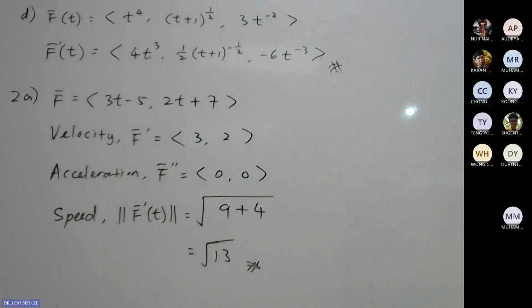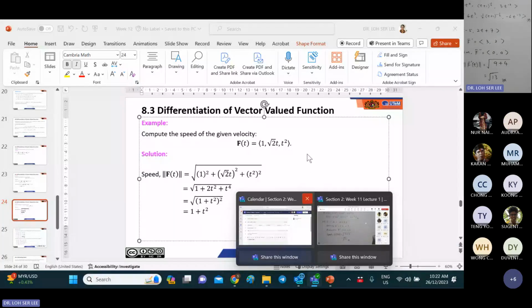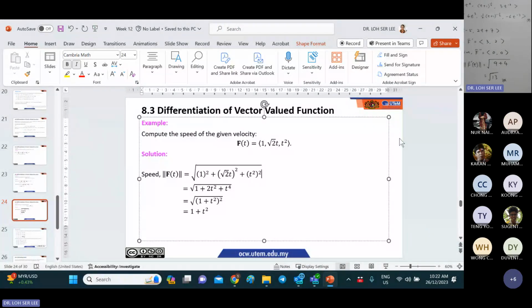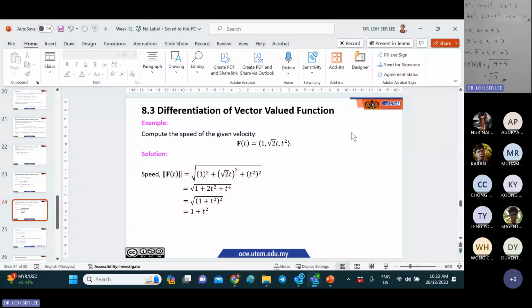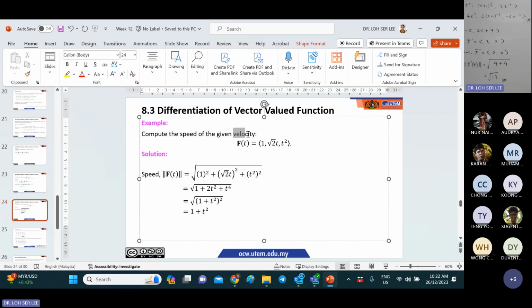So I repeat once again, for this example, this one should be velocity. Compute the speed of the given velocity. So F should be f prime because this is velocity. Sorry, I forgot to share this one. For those who join the online class, in this example, this one should be velocity, not path.